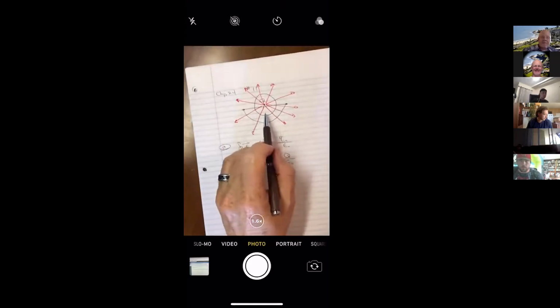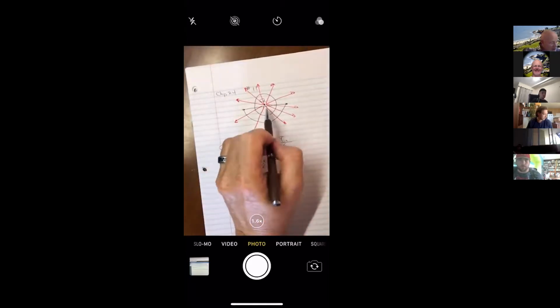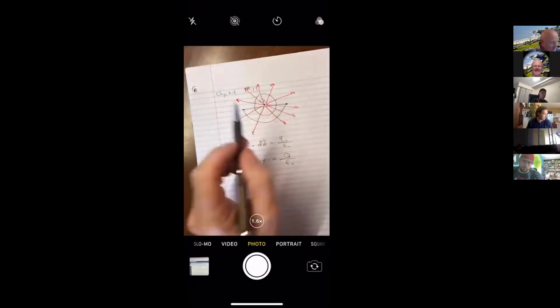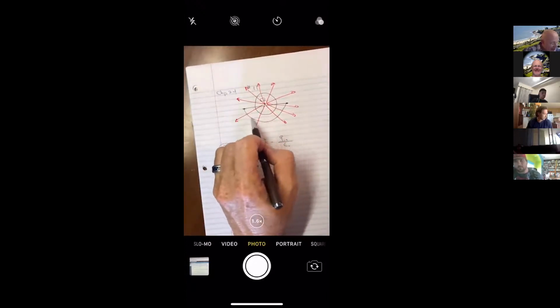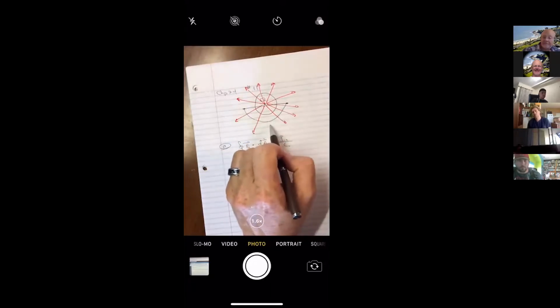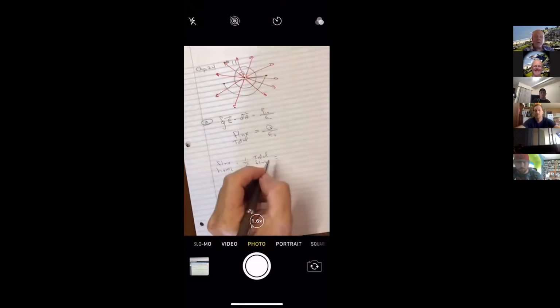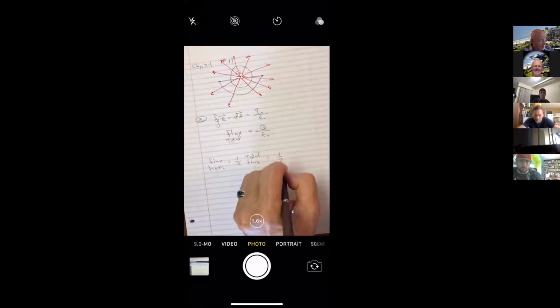Now, here's how you were supposed to make A real easy. You look at this picture and say, of all this flux going through the sphere, the bottom half goes through the hemisphere. So the flux through the hemisphere must be 1/2 of the total flux, which then must be 1/2 Q over epsilon.